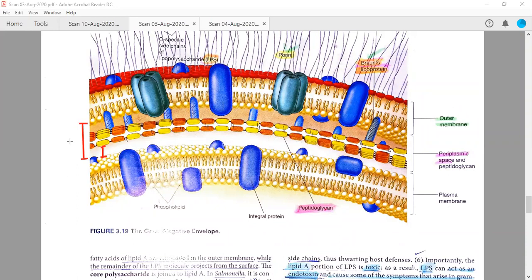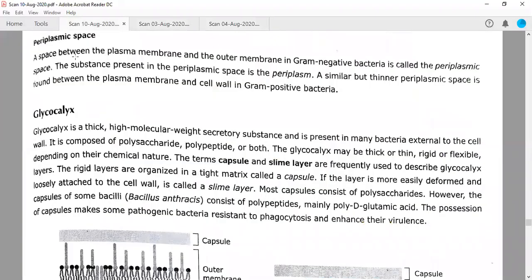The second thing is this periplasmic space is filled with some solvent that is called periplasm. So let's discuss this in detail. The gap or space between the plasma membrane and the outer membrane in gram-negative bacteria is called periplasmic space. The substance present in the space is periplasm.